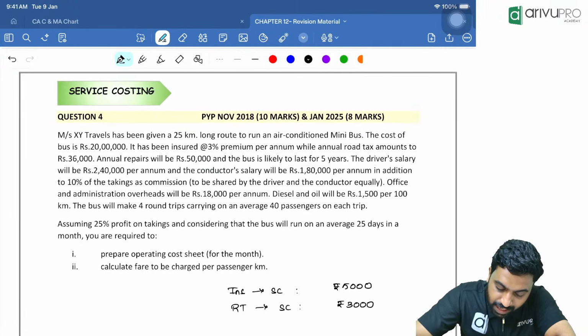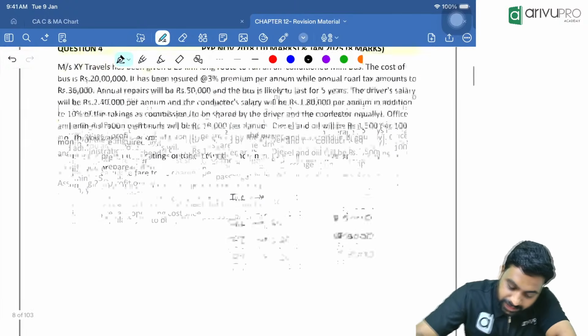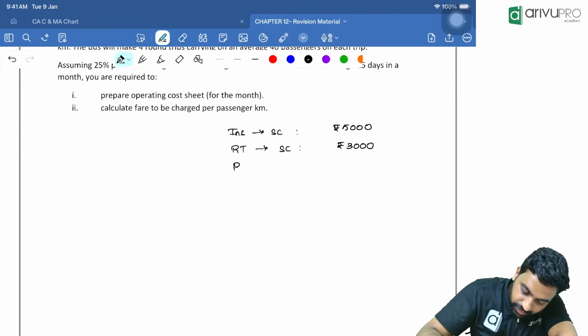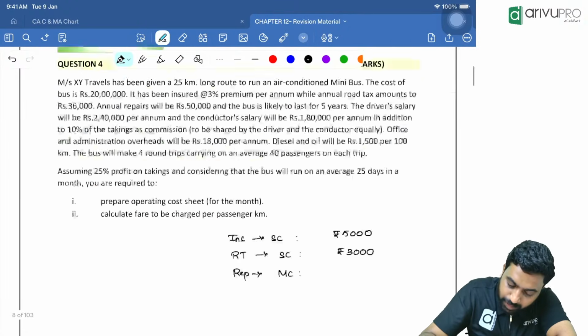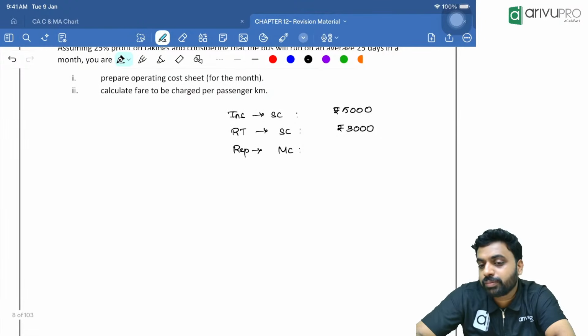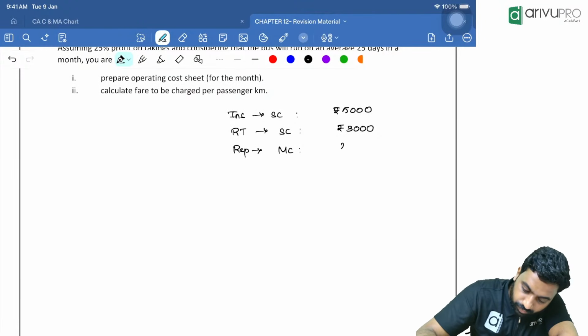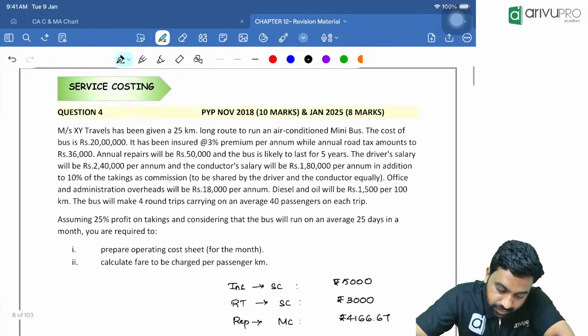Done. Annual repairs will be 50,000. That is repairs and maintenance charges, 50,000 per annum, so per month it is 4,166.67. Next, the bus is likely to last for 5 years.